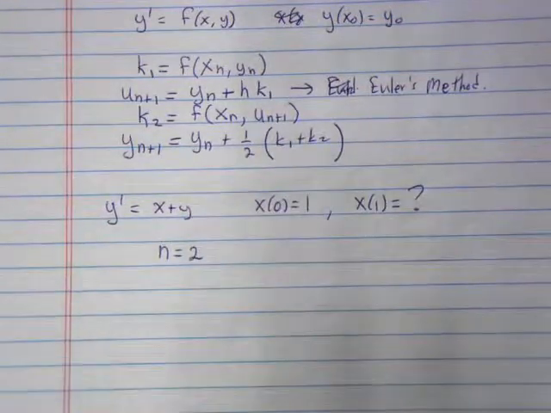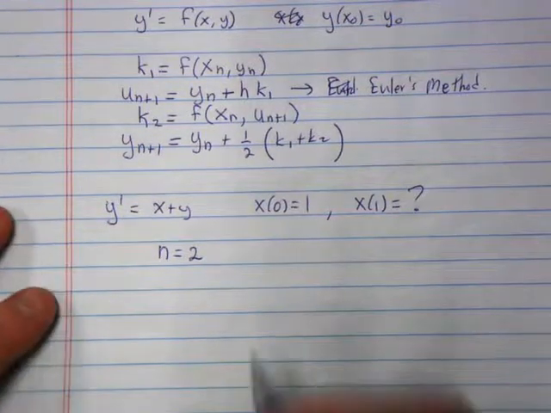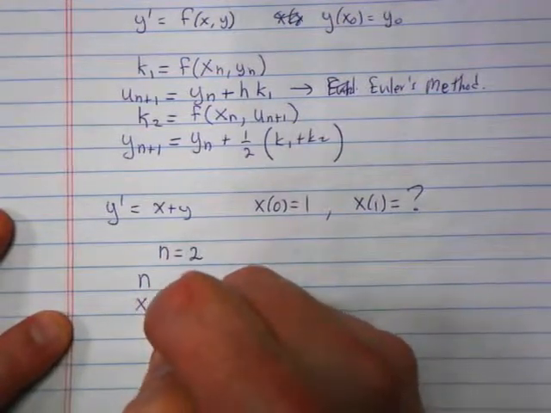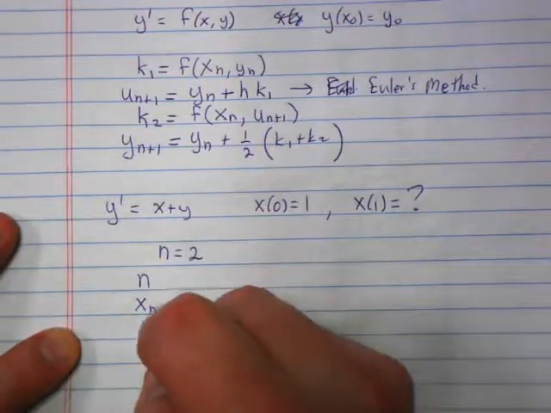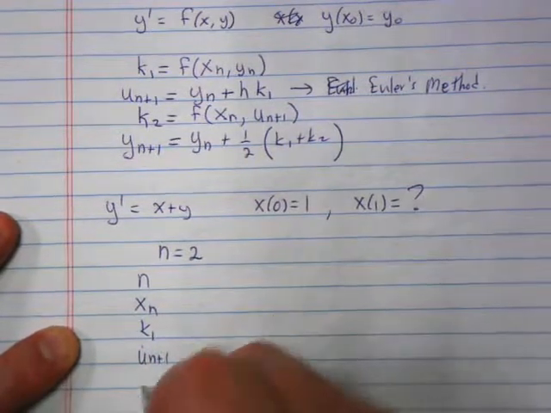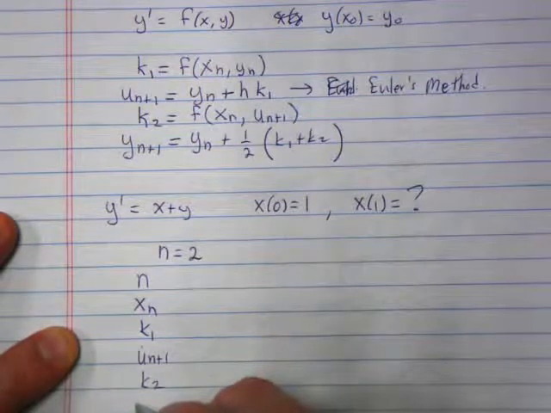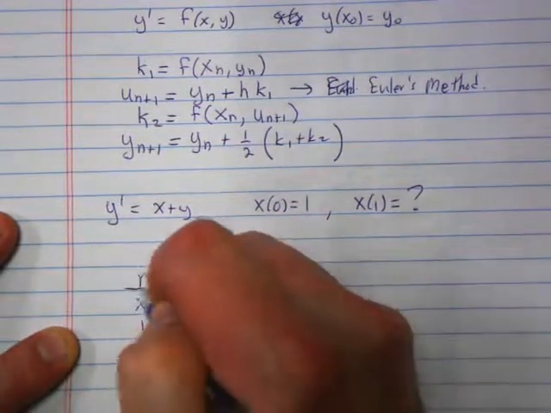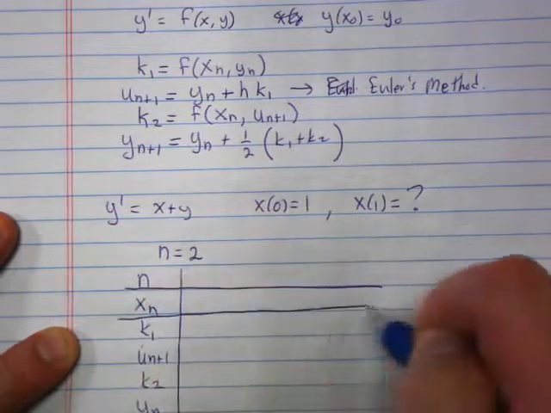And n equals 2. Okay, so for this one, we're going to need lots of things. We're going to need n, x of n, k1, u sub n plus 1, k2, and finally we'll get our y sub n.